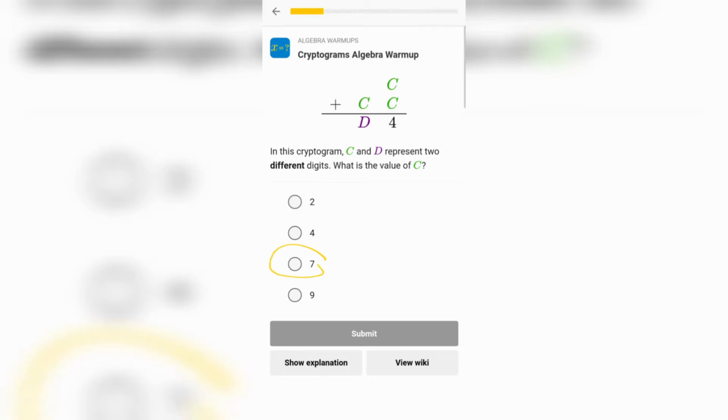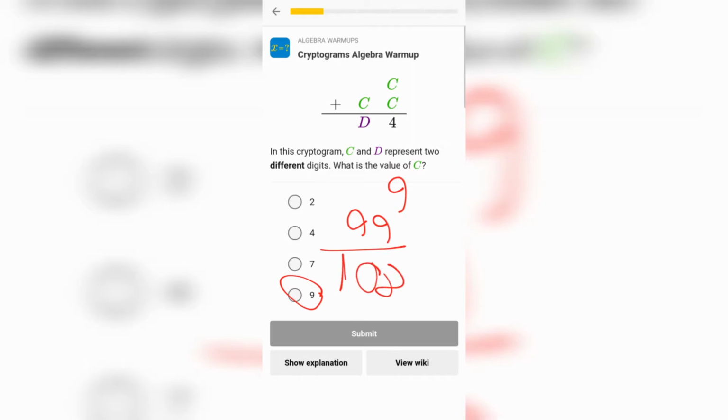If we do 7, we have 7 plus 77 equals 84. So 7 plus 77 is equal to 84. In this case, this is the valid solution. If we do 9, we have 9 plus 99, it's 108.